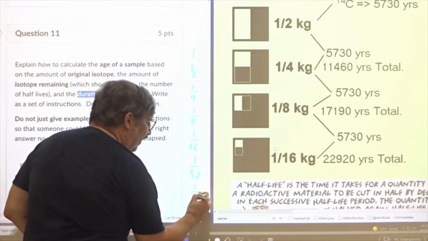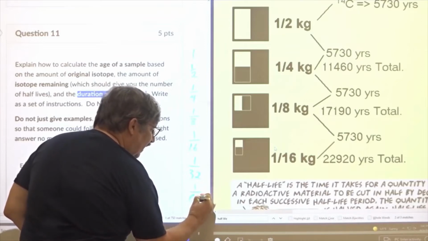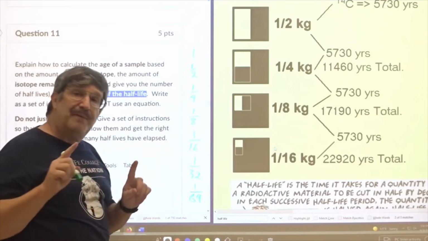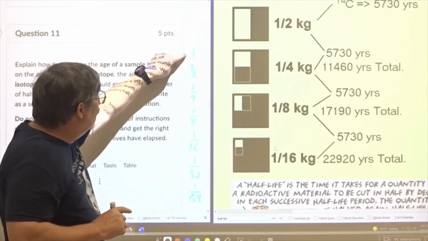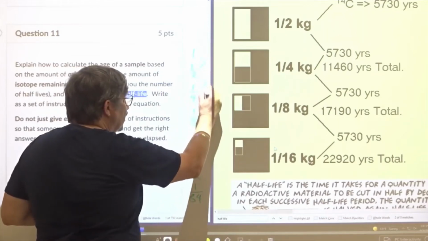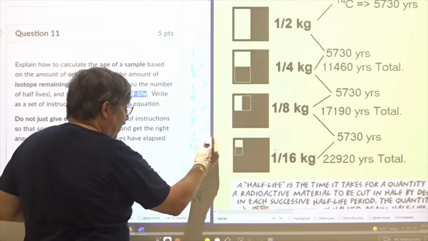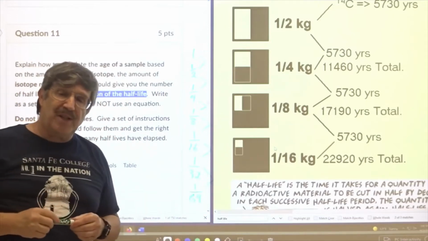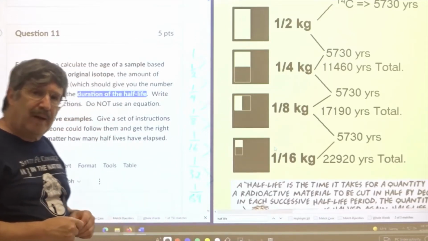After another, a 64th. Which means that I had to divide by 2 once, twice, 3 times, 4 times, 5 times, 6 times. So there have been 6 half-lives that have gone by.